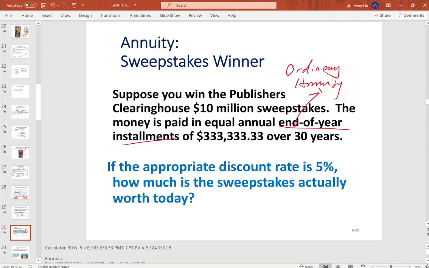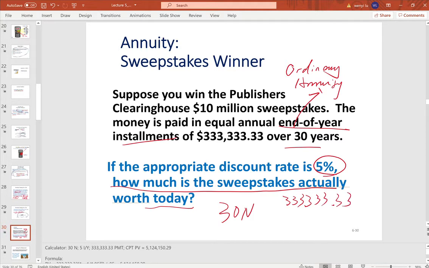If the appropriate discount rate is 5%, what's the value of these instruments on today's market? Okay, how many payments? 30. What's the payment amount? 333,333. That's the PMT.